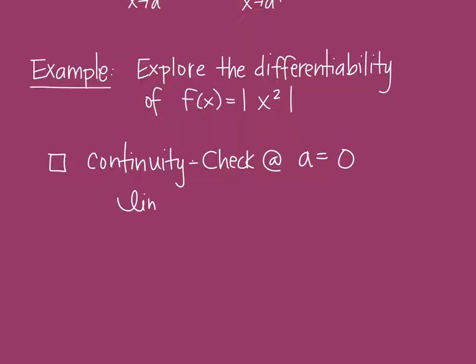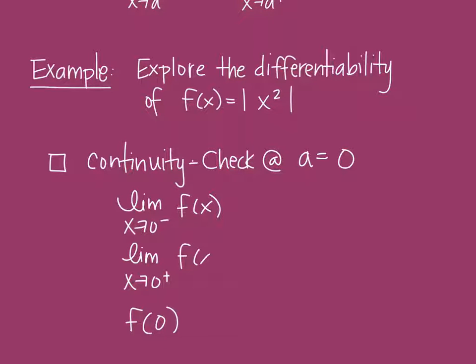And so we'll check the three pieces. This should go pretty quickly. We've got the limit as x approaches a from the left, the limit approaching a from the right, and f of 0. Those should be zeros: 0 from the left, 0 from the right, and 0 itself. So we just check those three things.